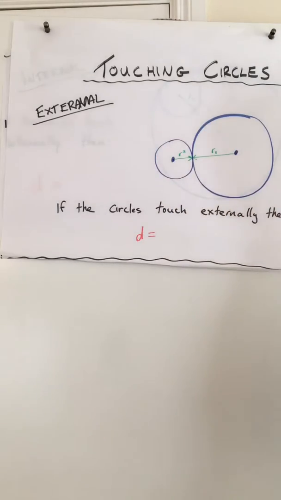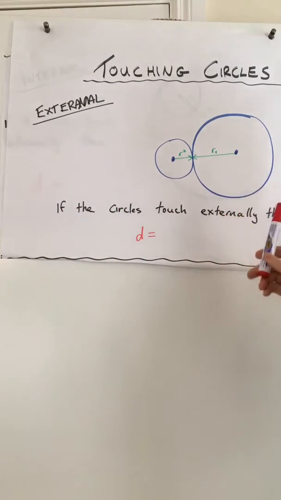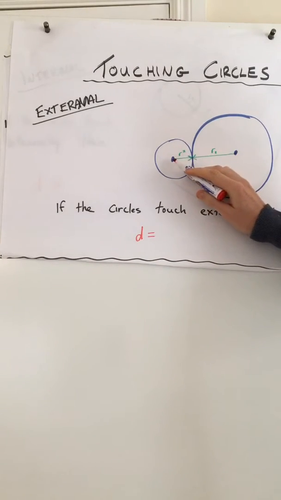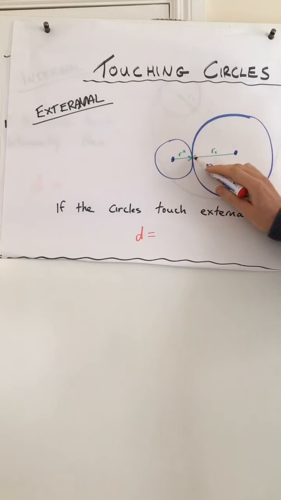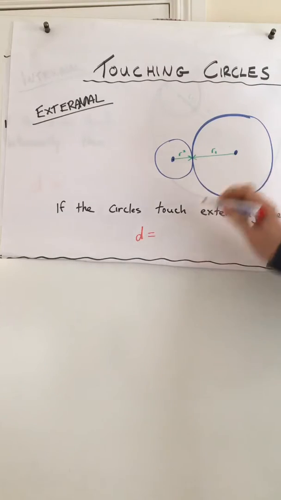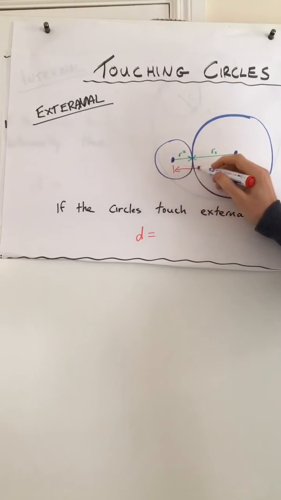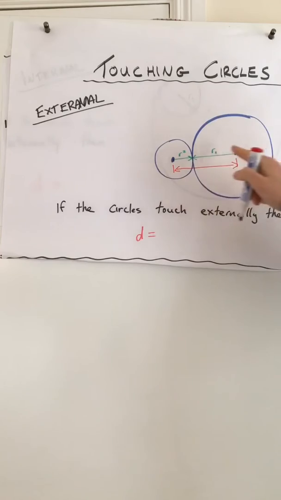Okay, now there's one little rule that we need to know about this here. It's not in the log table, so you just need to know it. And the rule is this: if the circles touch externally, then, let's have a look at this. Here we have the radius of the small circle and the radius of the big circle, and the distance here is the distance between the two centers.